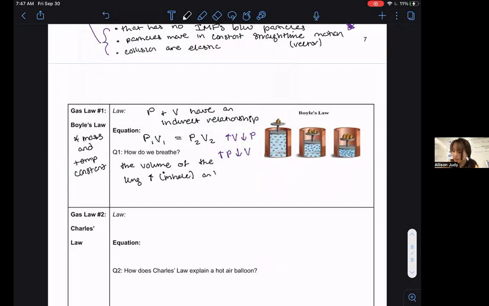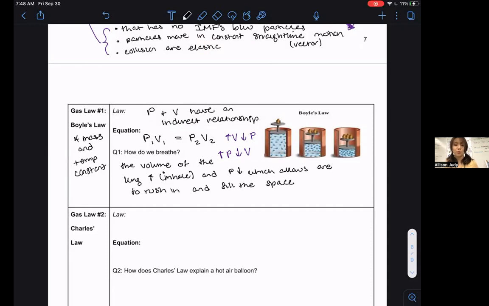As a result, pressure decreases, which allows air to rush in and fill the space, simply because you now have more room. When you inhale, you create more room in your lungs for air to rush in. You've expanded your lungs, volume increases, pressure decreases.